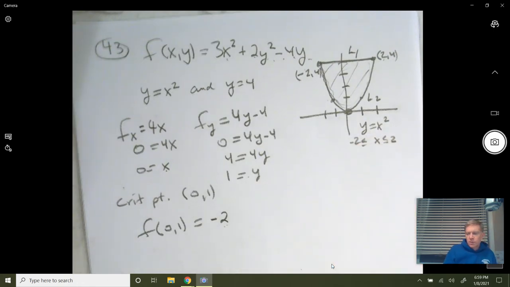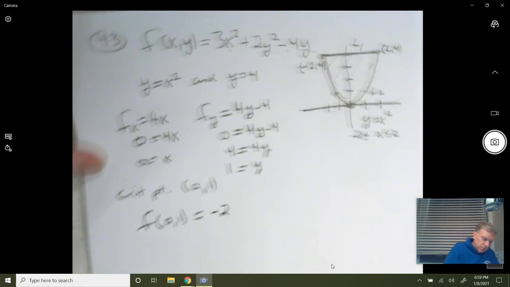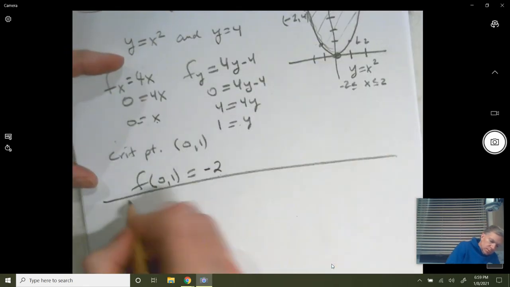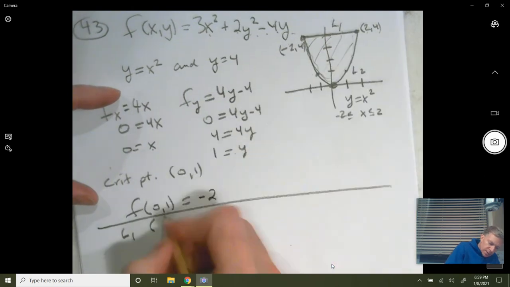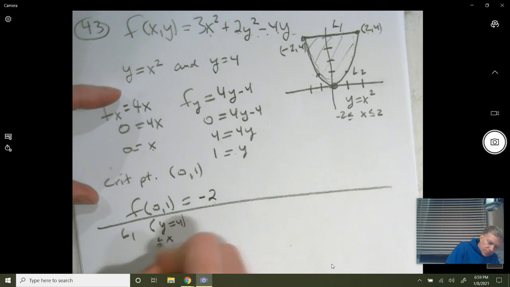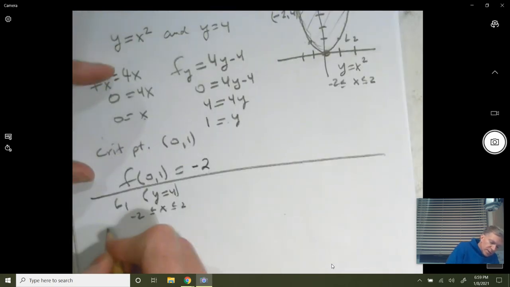Okay, so let's check on L1. On L1, we know that our y value is constant at 4, and x is going from negative 2 to 2. So our function simplifies to f of x comma 4.